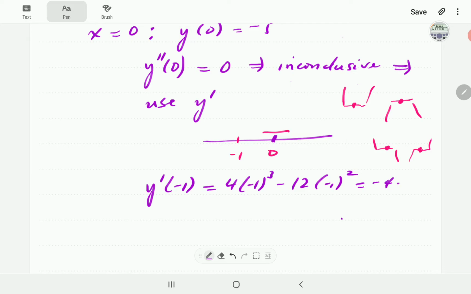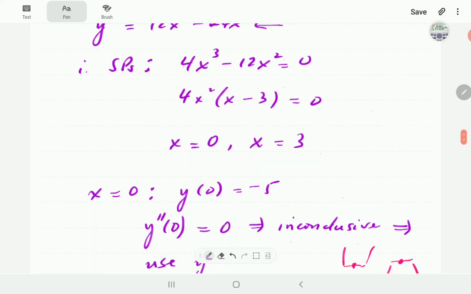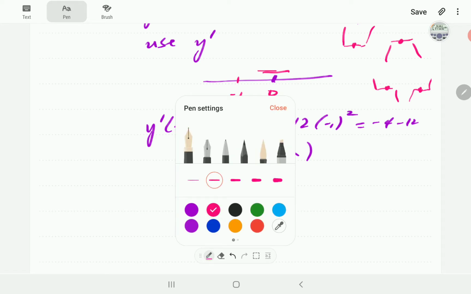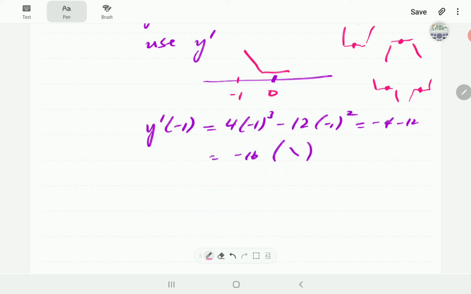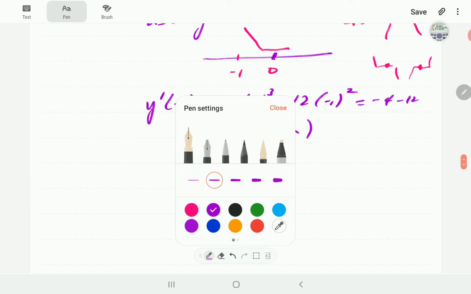So this is going to be -4 minus 12, which is -16. Okay, if the first order derivative is negative, it means the function is downsloping. It's got negative slope. So what this is telling us is that on the left hand side of x equals to 0, the function is looking something like that, like a backslash.